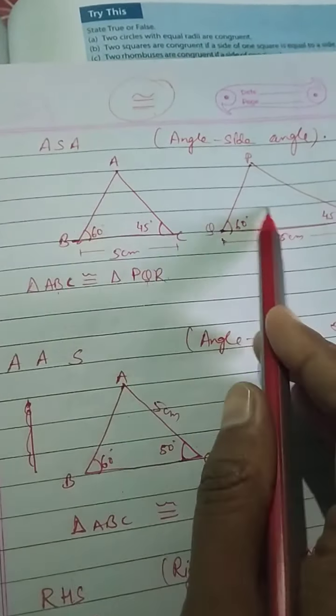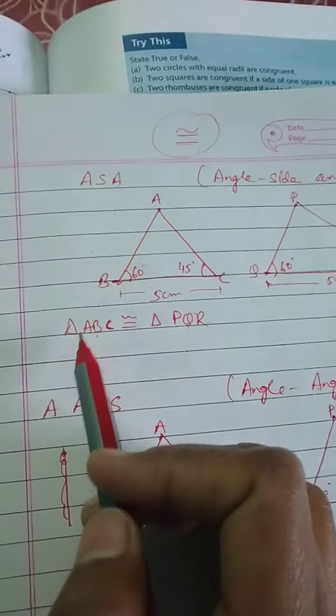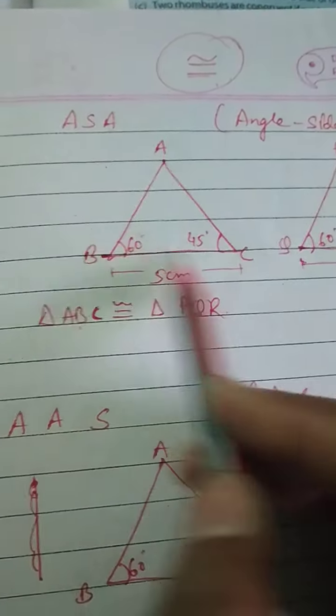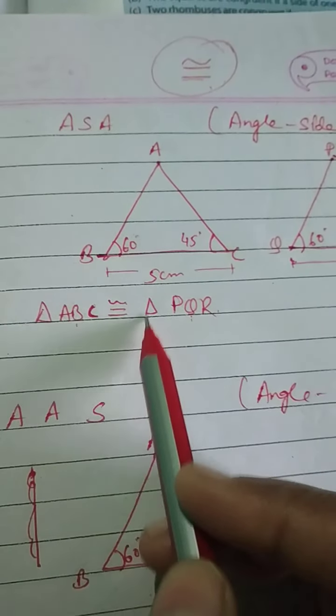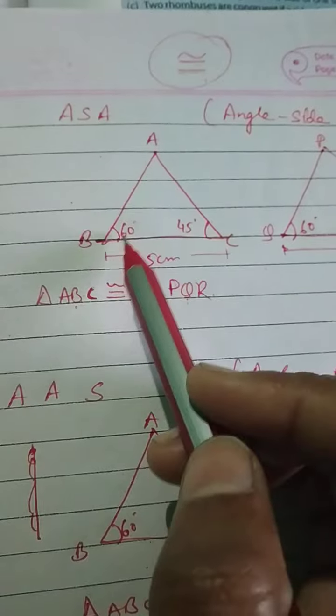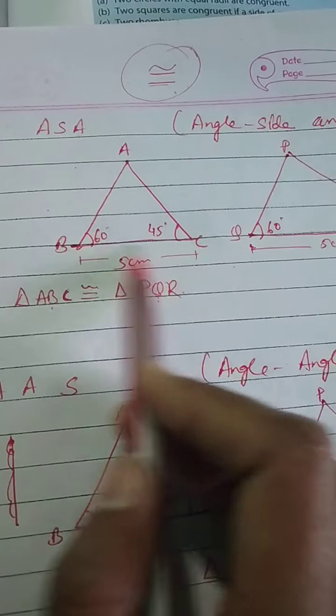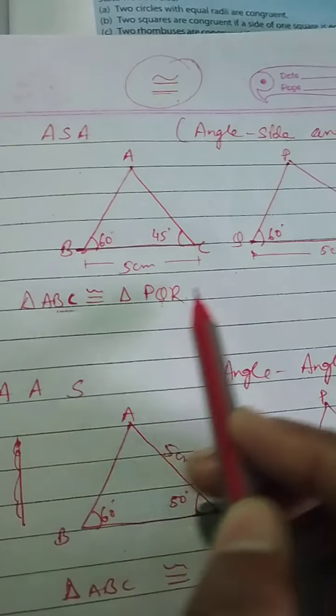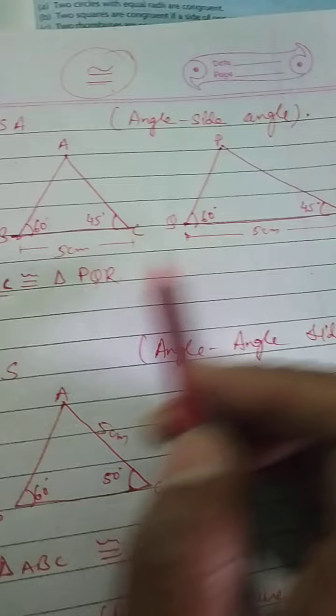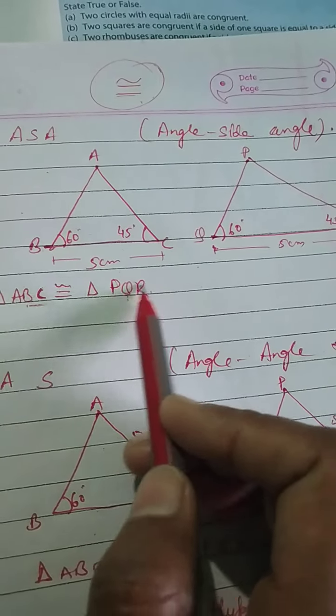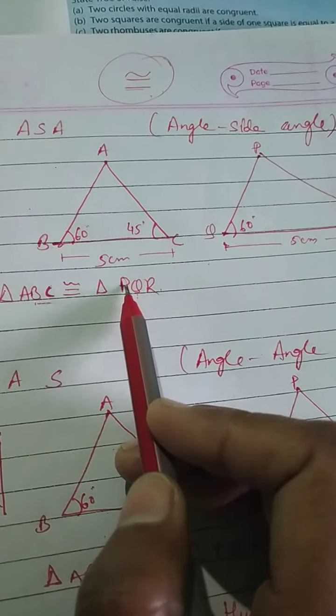By this condition, both are congruent. So how will we write it? Triangle ABC is congruent to triangle PQR. Suppose you don't know whether AB is equal to this or not, so BC you have to see. BC is written on this side, so BC is equal to QR. So you will write QR here. So here definitely will be P.